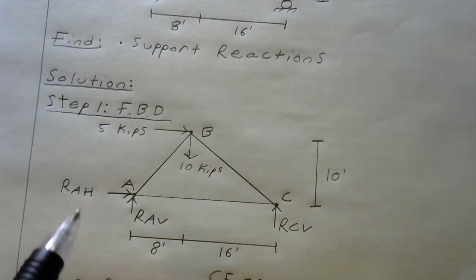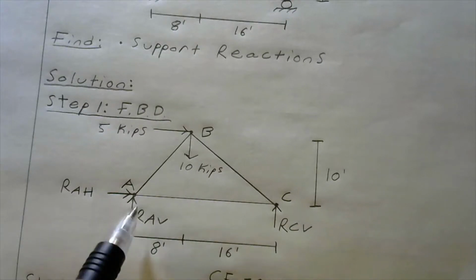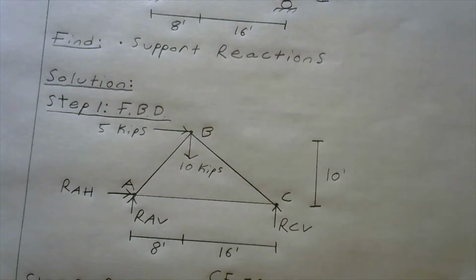And then you're going to draw 2 reactions at A and 1 at C. Now it doesn't matter if you draw them going up at A or going down. Whatever direction you choose, you'll get the right answer in the end as long as you follow the correct steps. I just like to draw it so the verticals are always going up, horizontals are always going to the right. But you can do it however you want, as long as you're consistent through the problem.